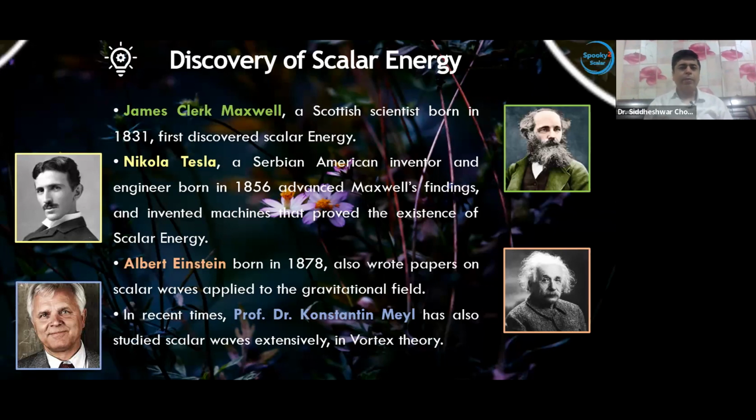Then following him, Nikola Tesla, Serbian American inventor and engineer, born in 1856, advanced Maxwell's findings and invented machines that proved the existence of scalar energy. Also, Albert Einstein, born in 1878, wrote papers on scalar waves applied to the gravitational field.